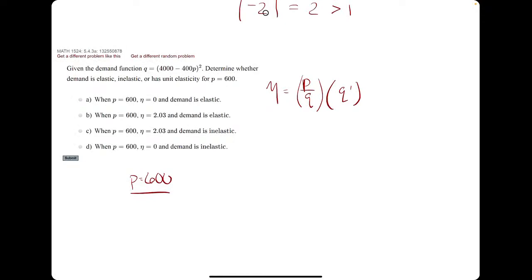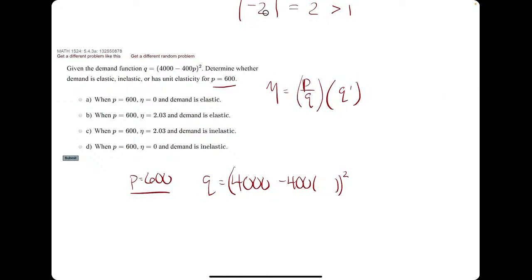So P is equal to 600. That's not too bad. Q is equal to that function, 4,000 minus 400 times P, which in this case is 600. So we plug in P in place of, actually, you know what?